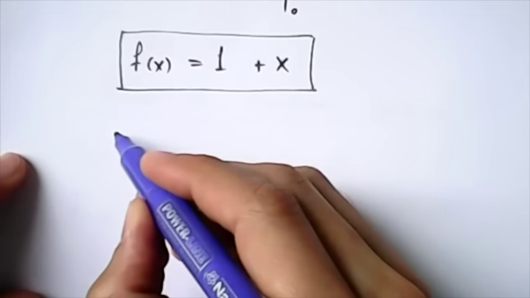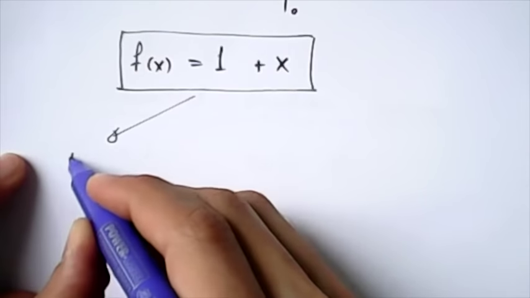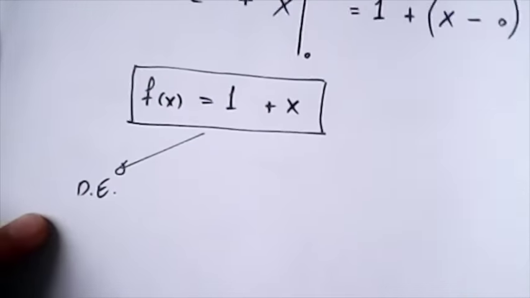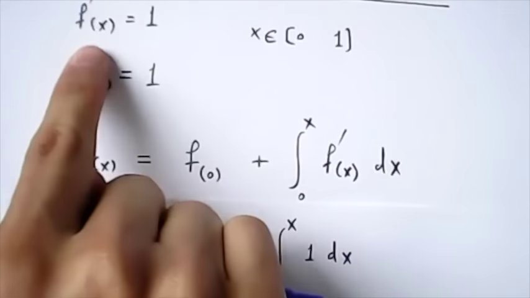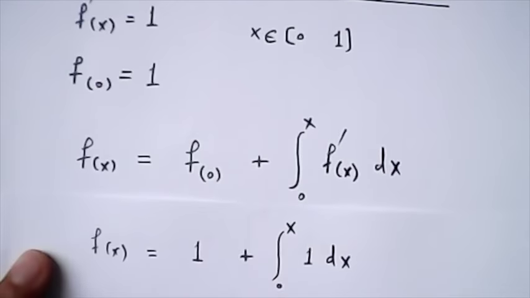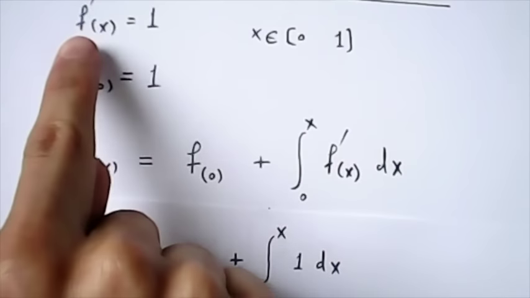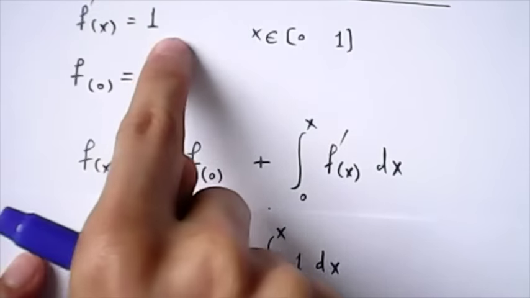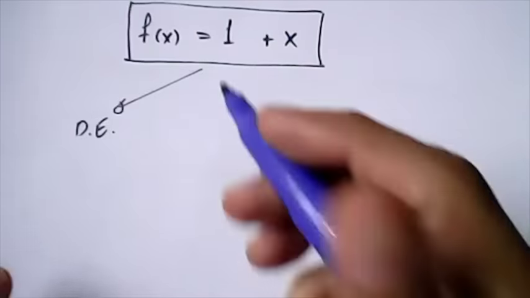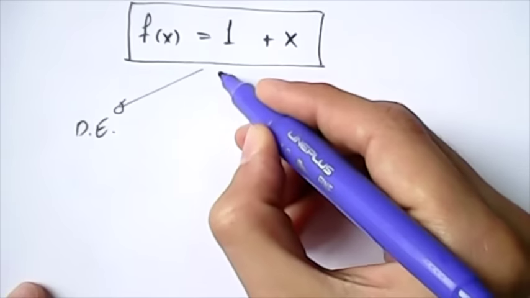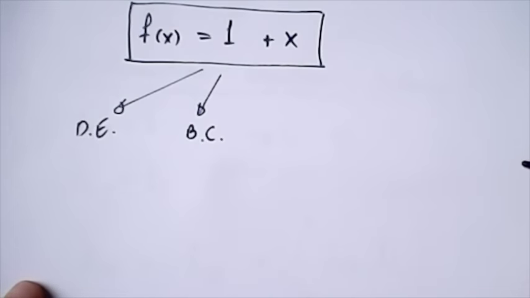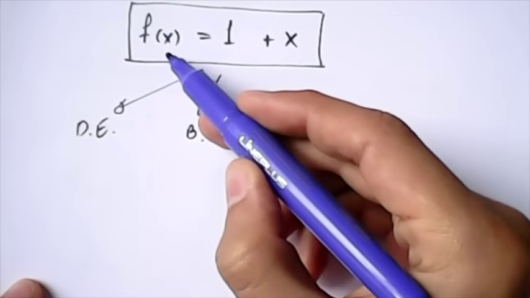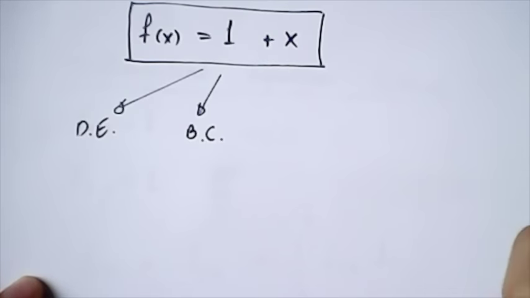So for instance, you have to insert it in our differential equation, the one that we had here, and make sure that this equation is valid. And what else you need to do is to insert it in the boundary condition. There were equations too. You can put this function into them and see that they're actually satisfied.